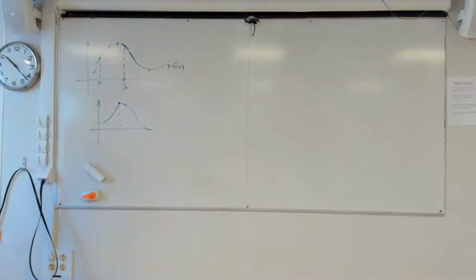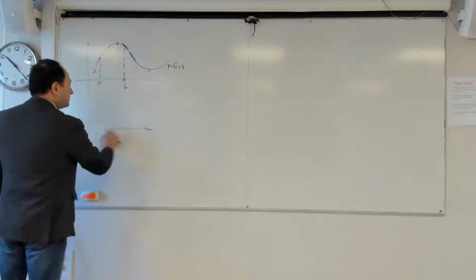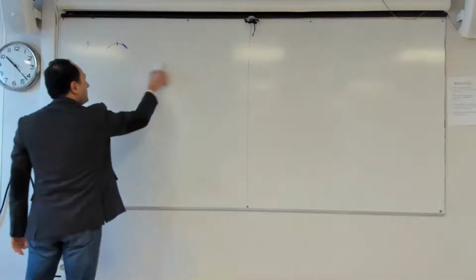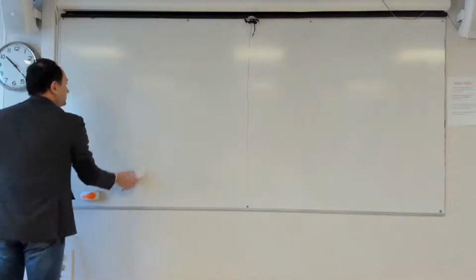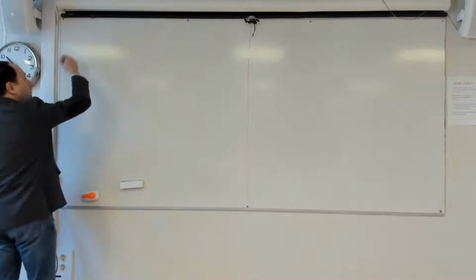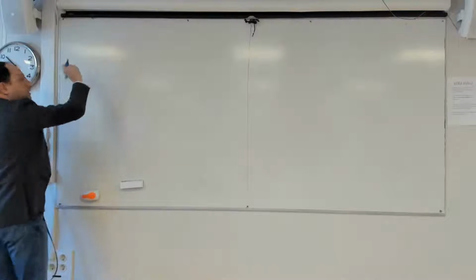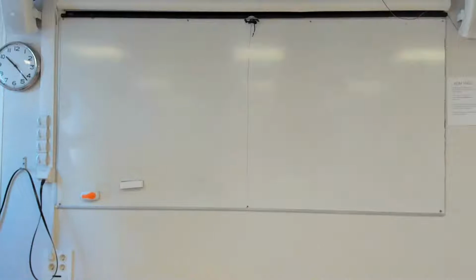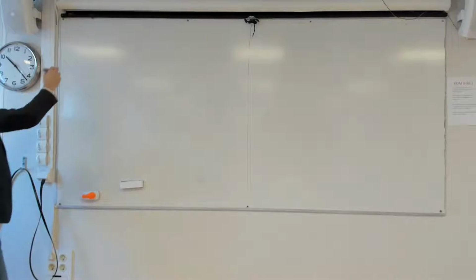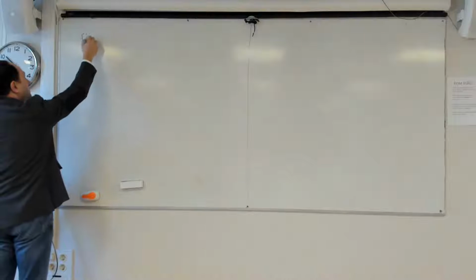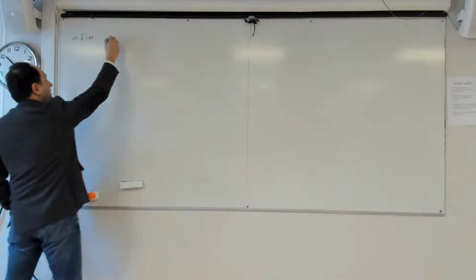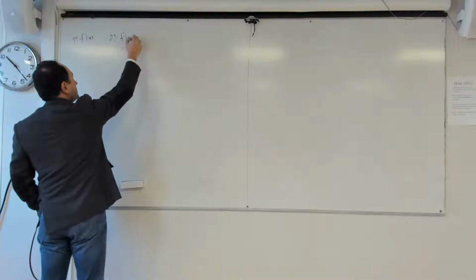Okay. So now today, and by the way, do you remember I talked about the first derivative test? What was the content of the first derivative test? It is that if you want to find the local maximum and minimum points of a function, the first step is you take the derivative. The second step, you equate it to 0.